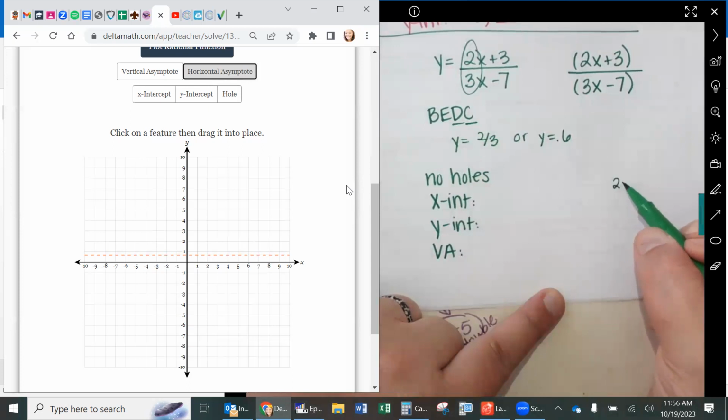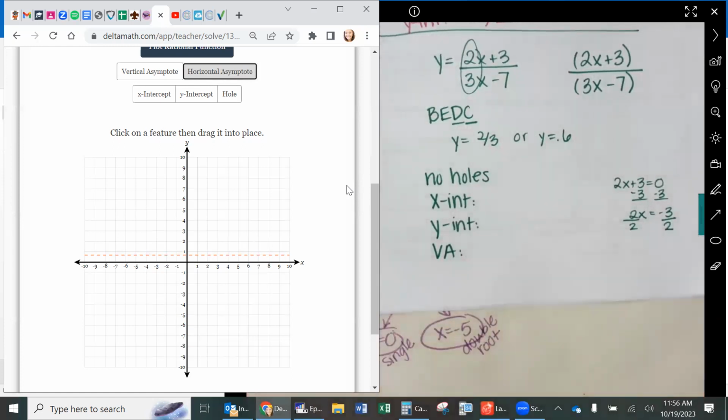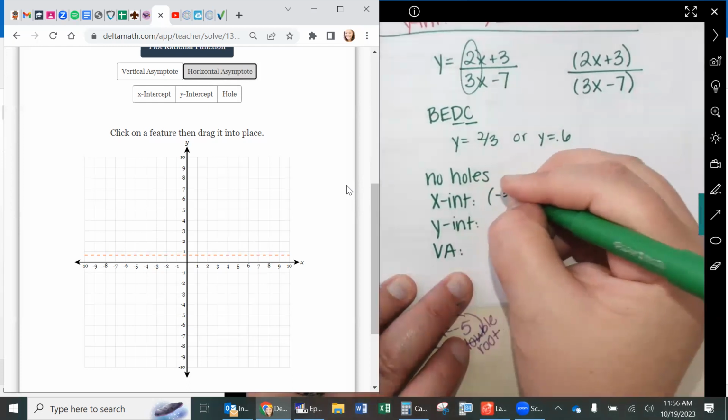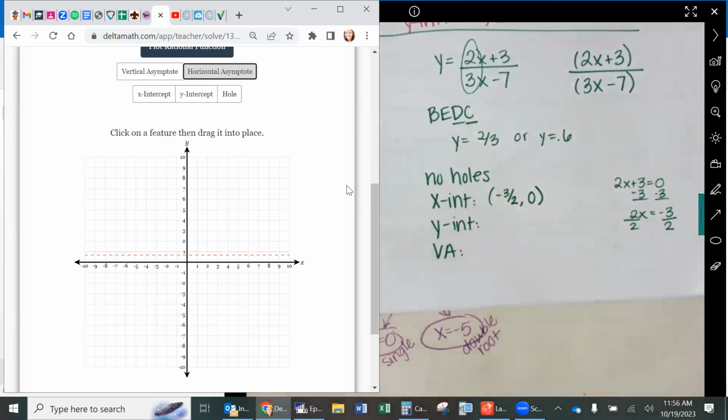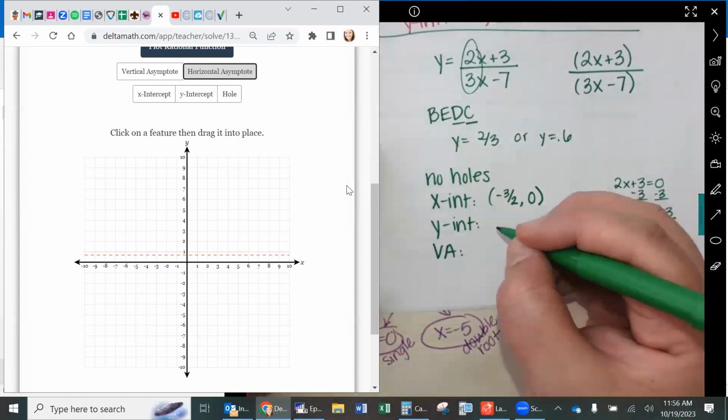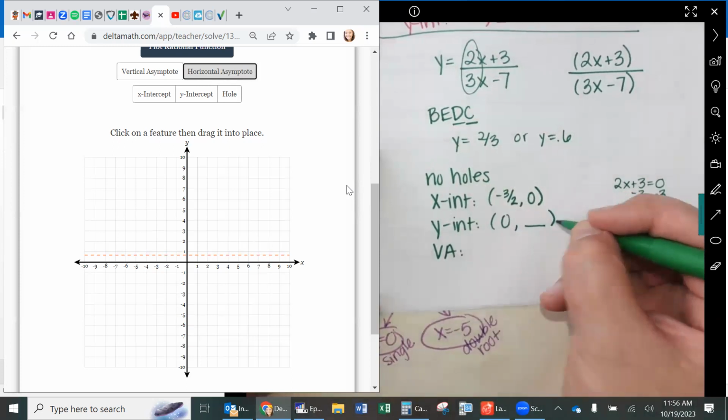You would do 2x plus 3 equals 0, minus the 3 across, and then divide by 2. Remember, it's the same pattern, just if there's a number in front, after you switch the sign, you have to do the divide. So it'd be -3 divided by 2. Okay, for my y-intercept, I know it's 0's partner, so I'll find that in a second.